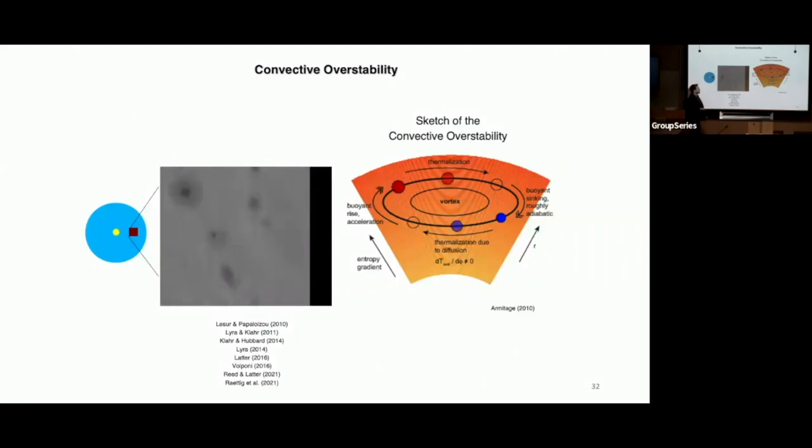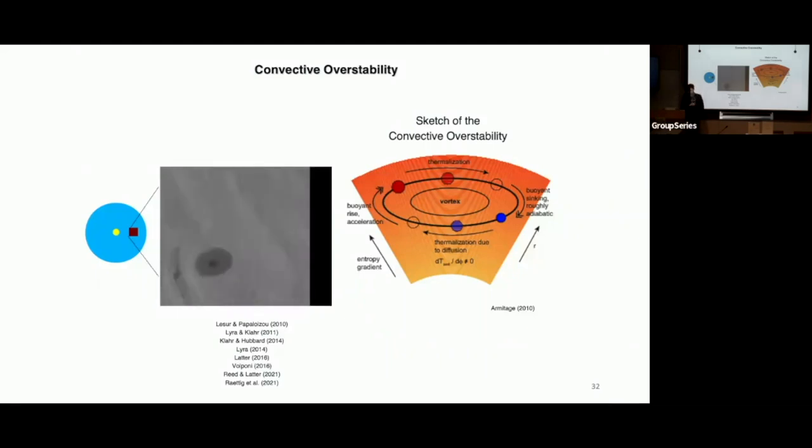You have this entropy gradient here, which makes it so that if a gas particle rises buoyantly, it reaches this outer orbit with more entropy than the ambient gas. Then in this lag, it's going to be thermalized, but now because it lost entropy, it's denser, so it's going to sink. Then in this lag, it's going to thermalize back and you close the cycle. This way, you generate baroclinicity and keep the vortex alive.